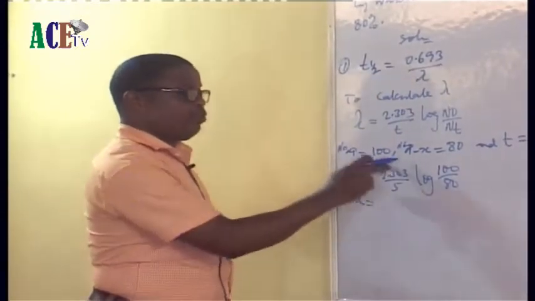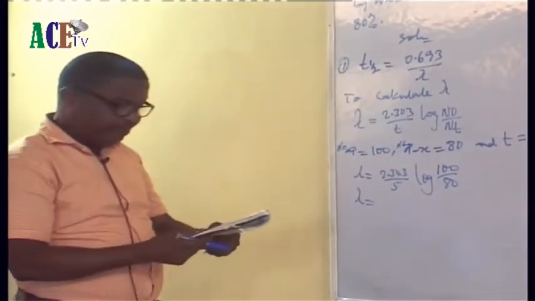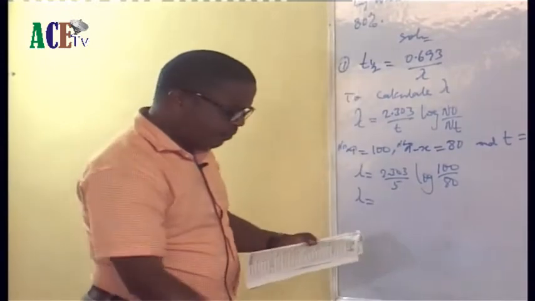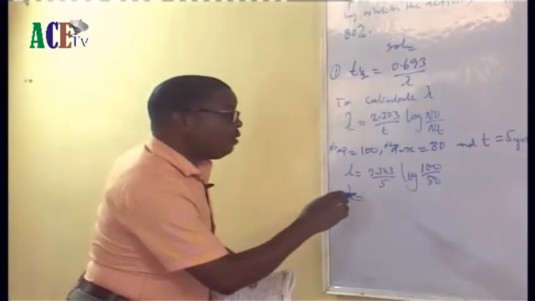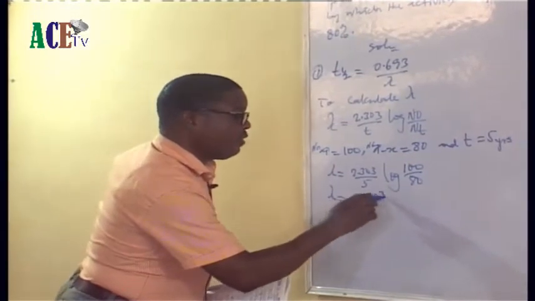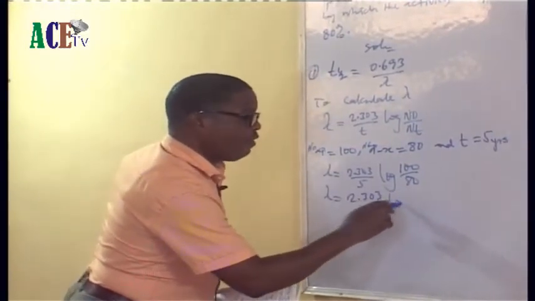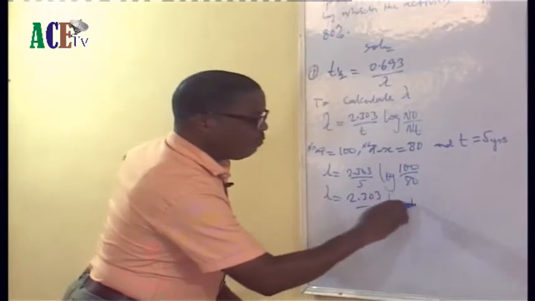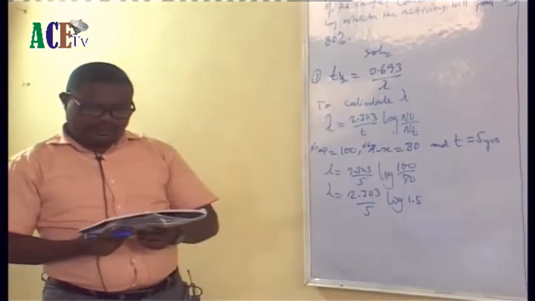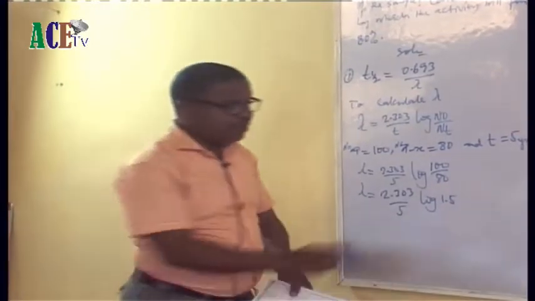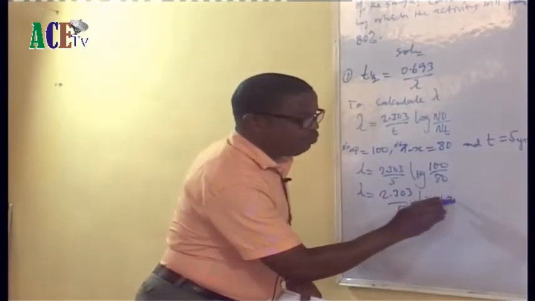Lambda is equal to 2.303 all over 5 logarithm of 100 over 80. When you divide this by this, it's giving us 1.25.